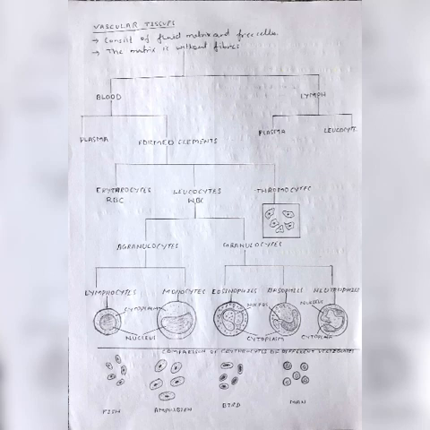This fluid connective tissue is further divided into two parts, namely blood and lymph. Blood has plasma and formed elements, meaning blood cells. On the other hand, you can see in the outline that lymph has plasma and leukocytes. Is it clear now?